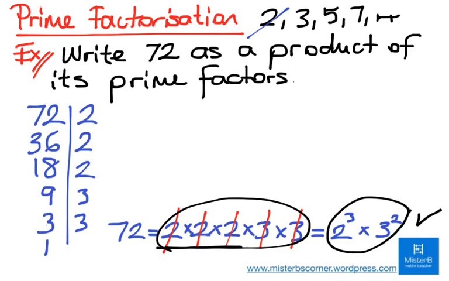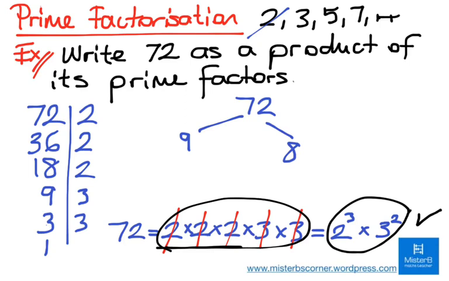Another way of doing the same prime factorization is to go with the factor tree. So basically what you do is you write 72 and you start thinking about two numbers that are factors. So you go like, for example, 2 and 36. Or you may go like, say, 9 and 8, because 9 times 8 is 72.